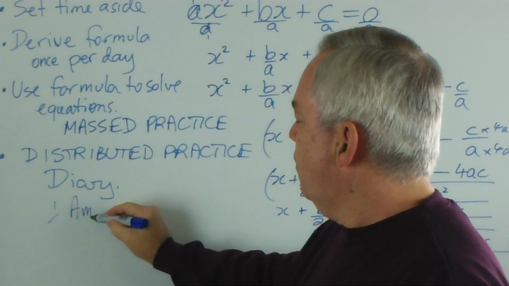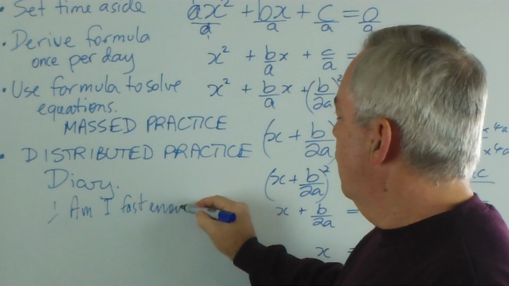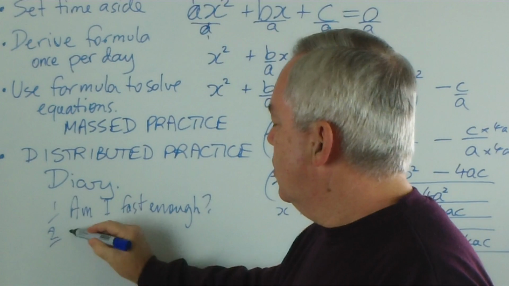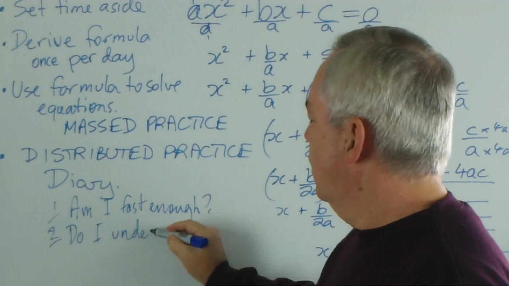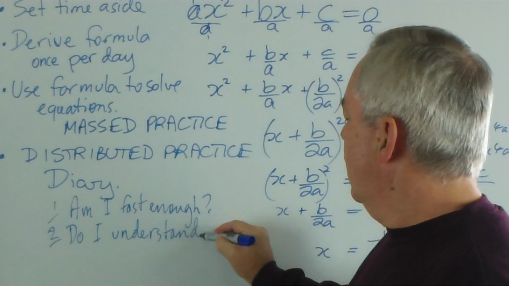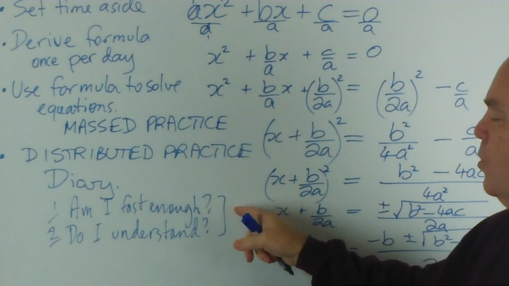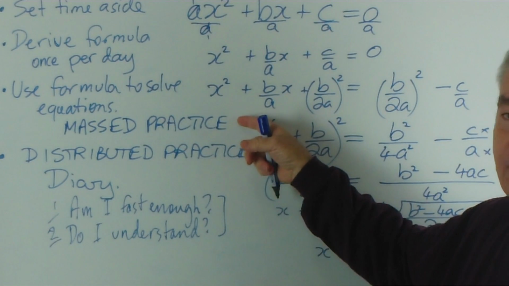Am I fast enough? Normally that's the second question I ask. The other question is, do I understand? These are the 2 questions you should be asking yourself all the time you're doing the maths practice.